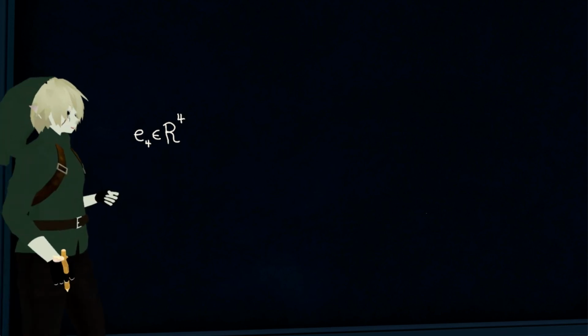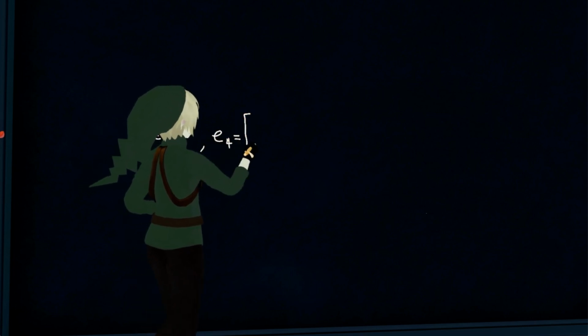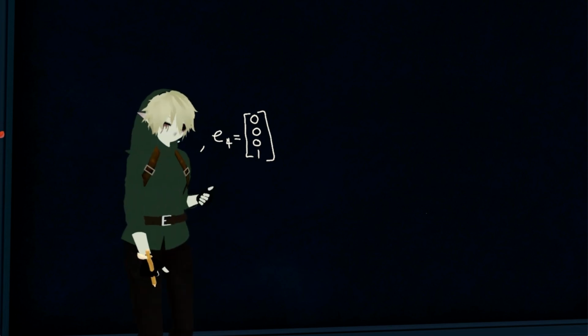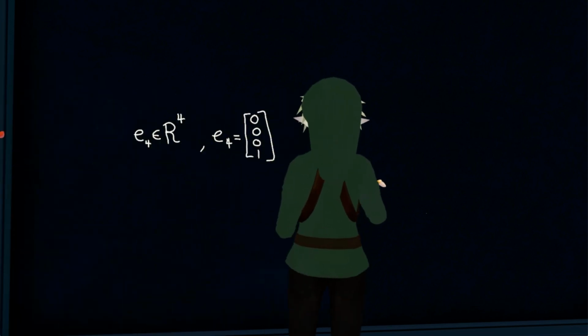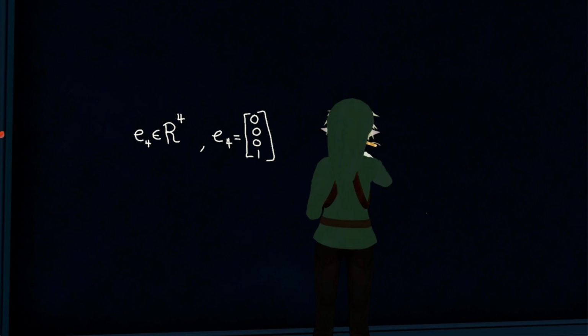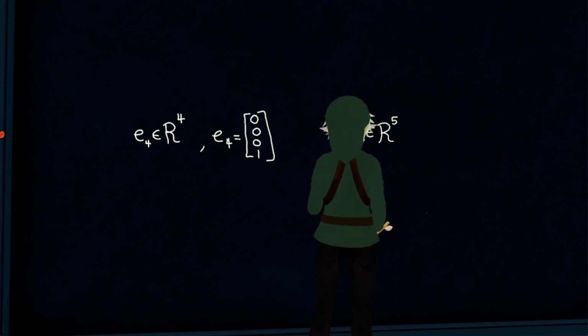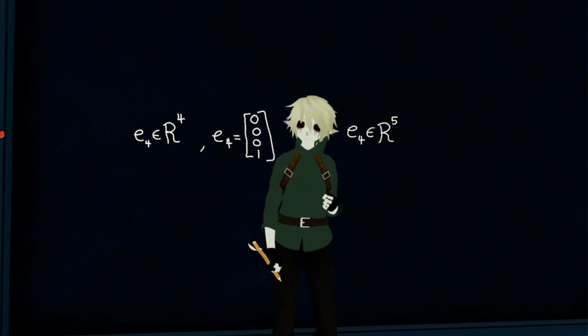This means that E4 is equal to 0, 0, 0, 1. Okay? Now, what if I tell you, what is E4 in R5?